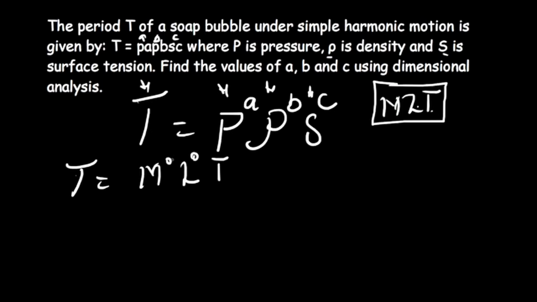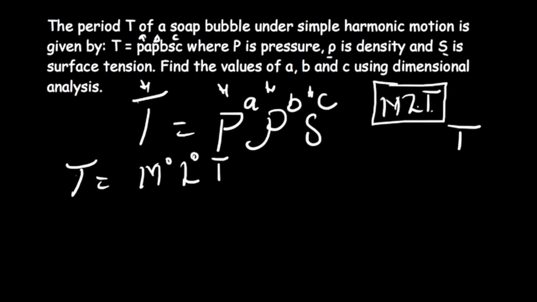We'll see that when we start solving the problem. Now, the dimension for time is simply M to the power of 0, L to the power of 0, and T. The dimension for time is still T, okay? It's just a T, but we want to make this appear in a better way to avoid making mistakes.